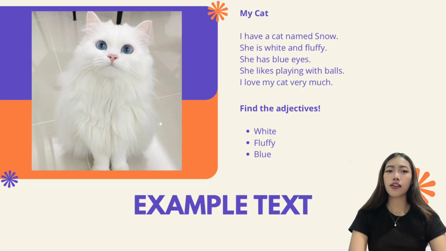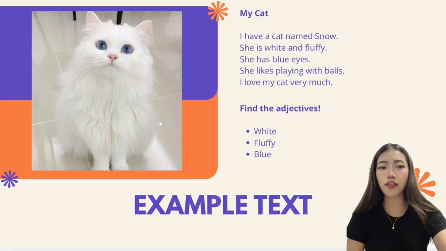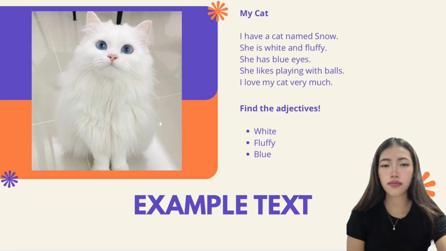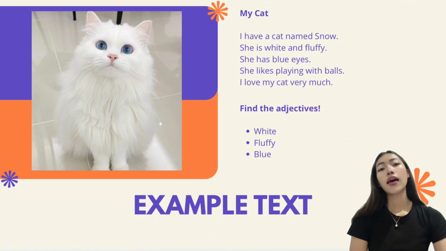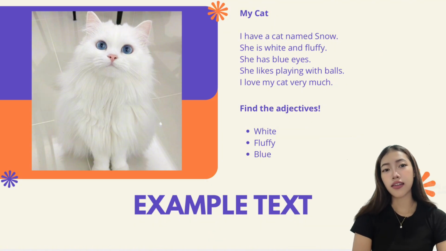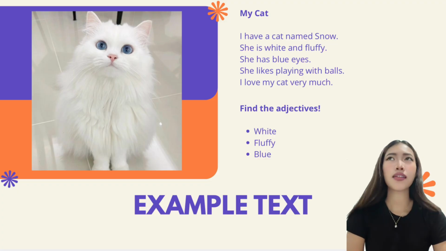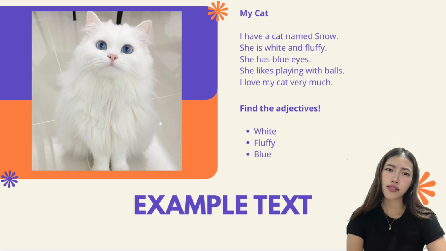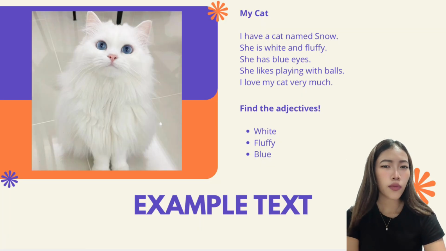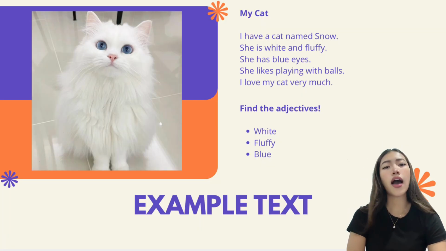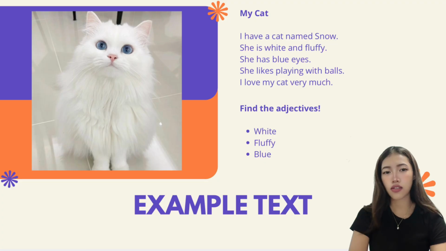Now, let's read the short descriptive text together. I have a cat named Snow. She is white and fluffy. She has blue eyes. She likes playing with balls. I love my cat very much.